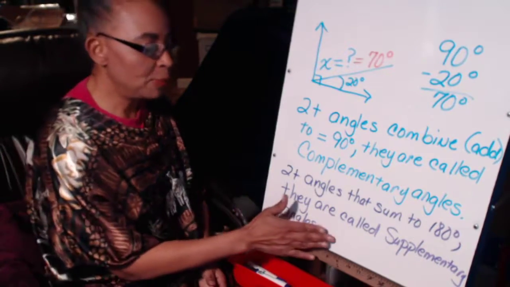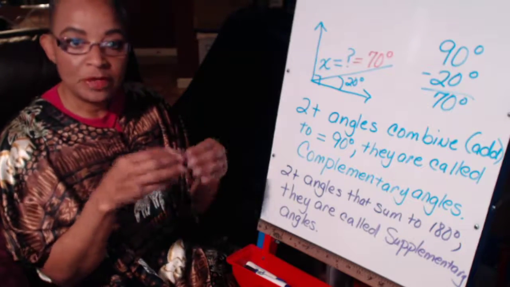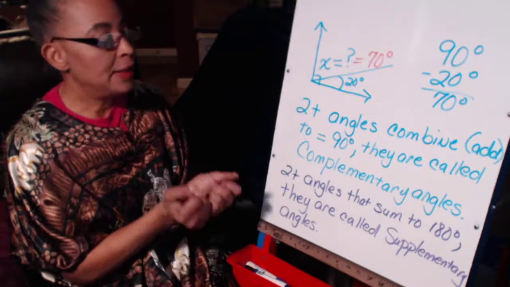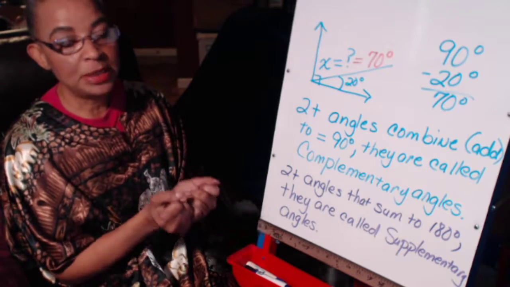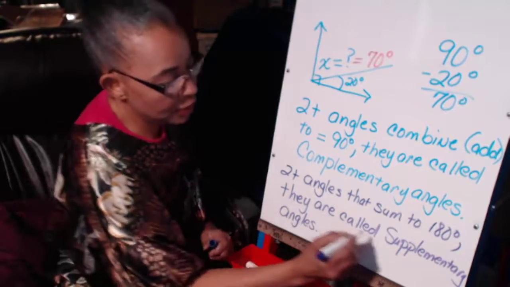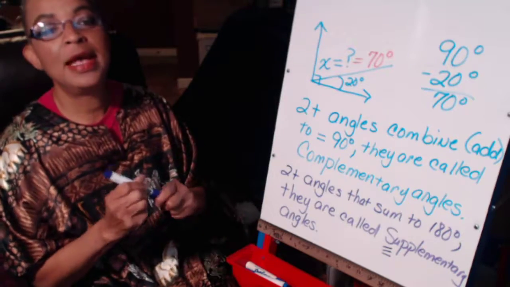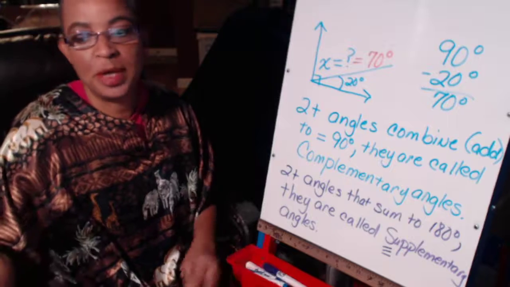If it's supplementary, that means the angles, whatever number of angles that you're combining, adding, they will equal 180 degrees. Those will be supplementary. And supplementary and straight angle start with the same letter, S. S for straight and S for supplementary.